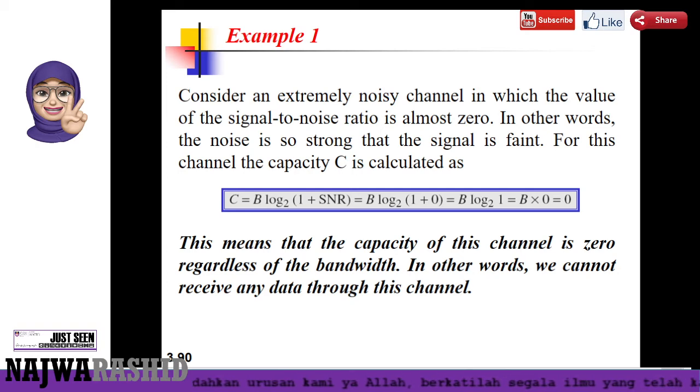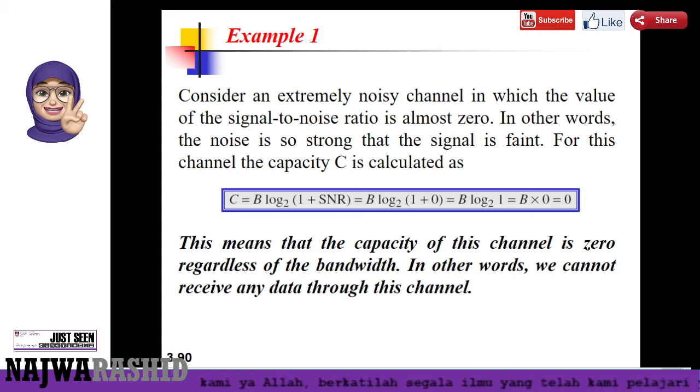So for this channel, the capacity C is calculated based on the formula in the previous slide. Capacity is equal to bandwidth times log base 2 of 1 plus SNR. SNR is almost 0, so you put 0 plus 1 equal to 1.